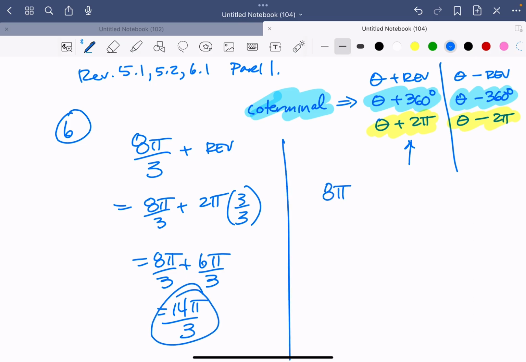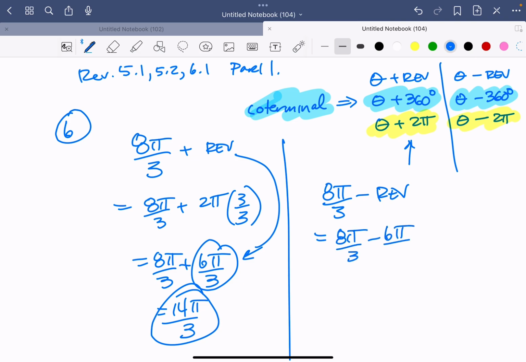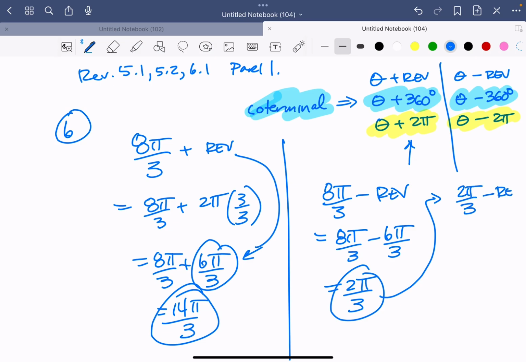If I take 8 pi over 3 and I subtract a singular revolution, we already said that one revolution was 6 pi over 3. So I'm going to get 2 pi over 3, but notice that's still positive. So I have to subtract another revolution to force it to be negative.